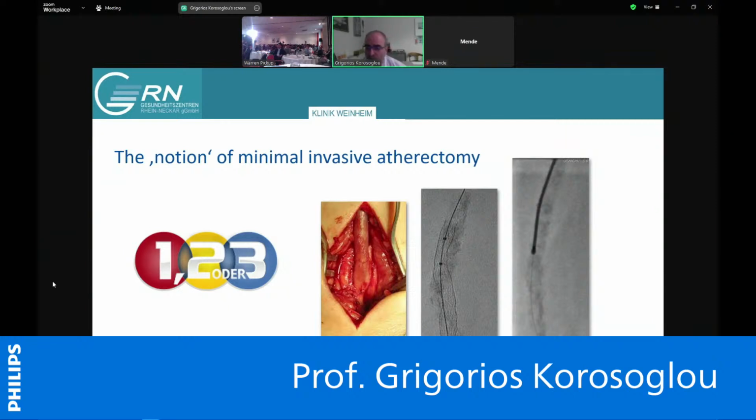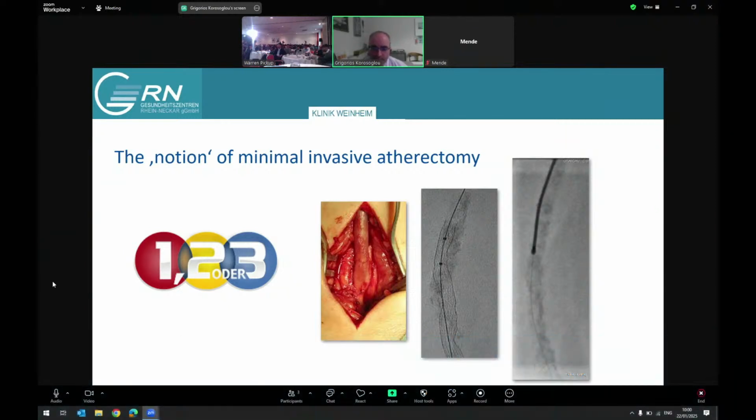And what we prefer actually in selected lesions, especially in the femoral-popliteal segment and in moving segments like the common femoral artery and the popliteal artery, is to do lesion debulking, lesion preparation, for example with atherectomy, in order to be able to avoid stents in these regions.